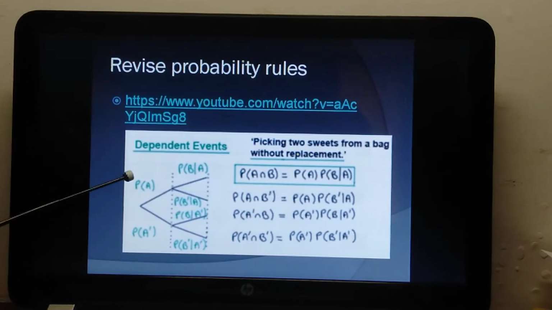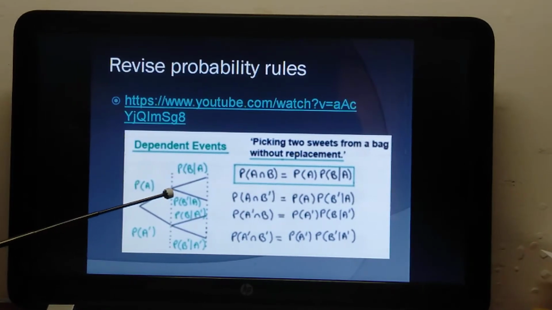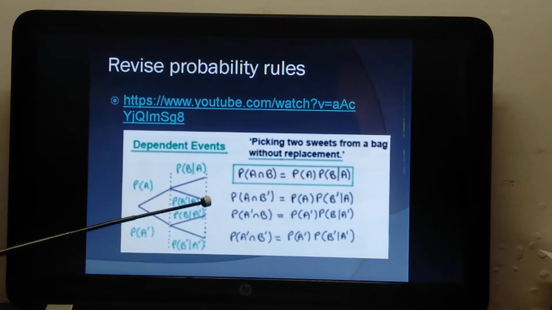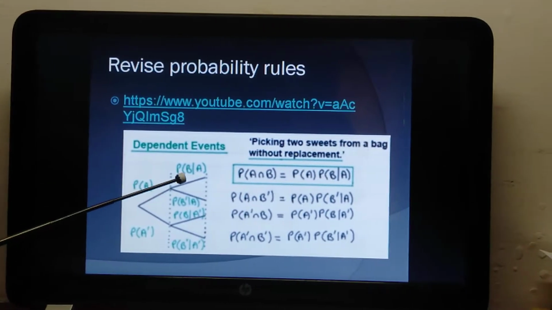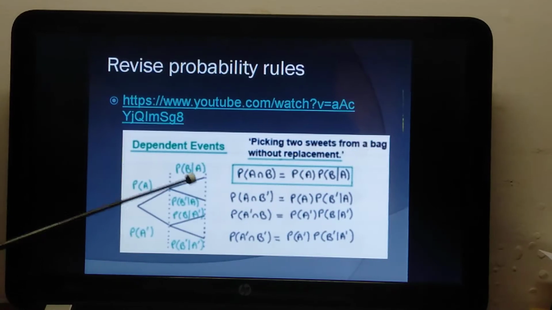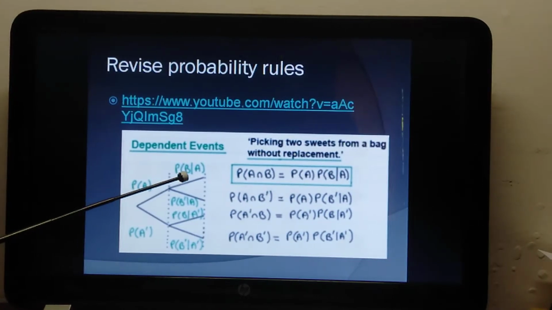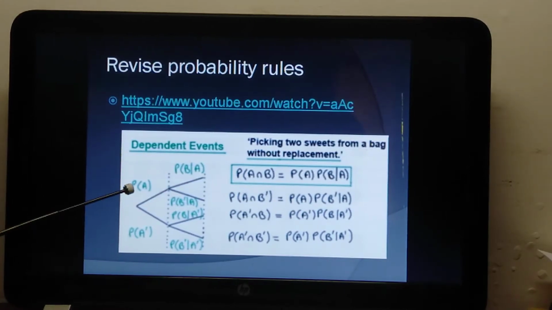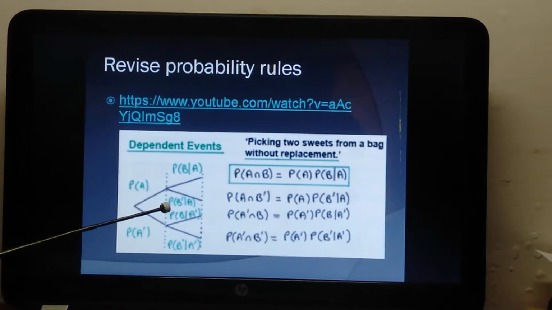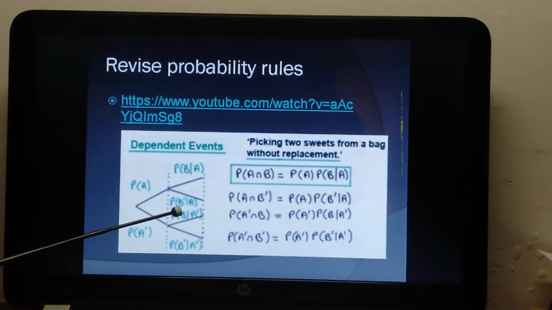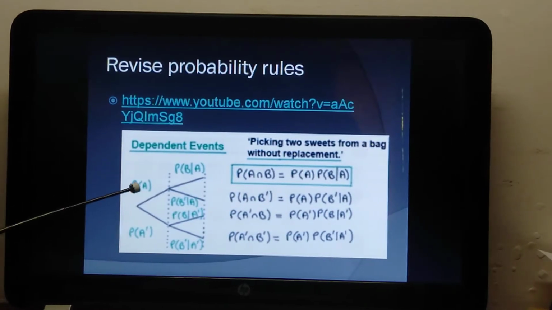It can be A or it can be not A. So the first probability is the probability of A or the probability of not A. Now let's expand probability of A. If we do not replace A, then the second sweet, whatever it might be, is the probability of a sweet B given that A is already picked out, or the probability of a sweet which is not B given that A is already picked out.